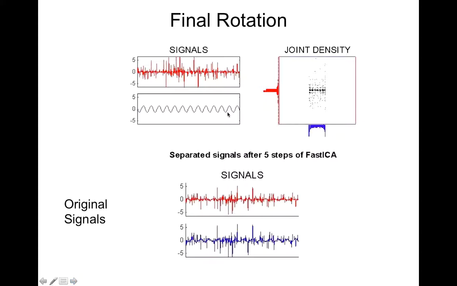And finally, the final rotation, you can see that we have quite a bit of difference. What has happened is fast ICA has pulled out a sinusoid here. And as you can see, the distribution looks like that sinusoid distribution that we showed on the first slide when talking about Gaussianity. So we have our original signals. Here's what our separated signals look like after 5 steps.